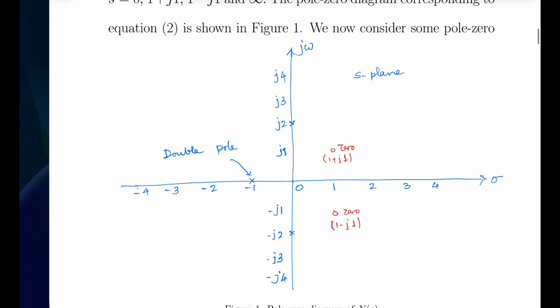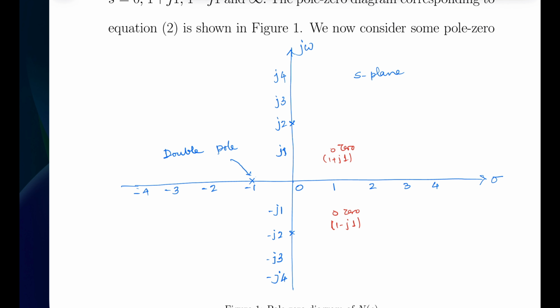इस पोल जीरो लोकेशन को हम इस ग्राफ पर दिखा रहे हैं। We have a 0 at 1 plus j1 and also at 1 minus j1. We have a 0 at the origin here. ठीक है? We have a double pole at s equal to minus 1.